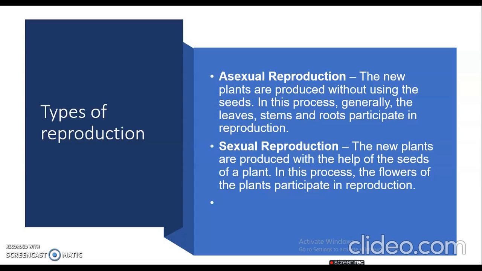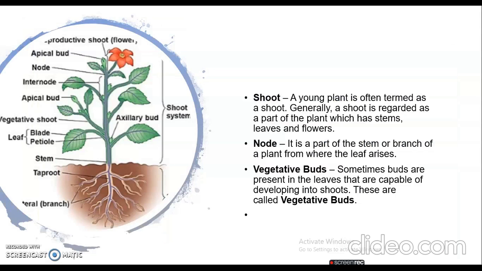Basically, it is a process where we do not need the help of seeds, and leaves, stems and roots help in the reproduction process. Sexual reproduction in plants. The new plants are produced with the help of seeds of a plant. This process involves the flowers of the plant. Yes. Now you know what is asexual and sexual reproduction.